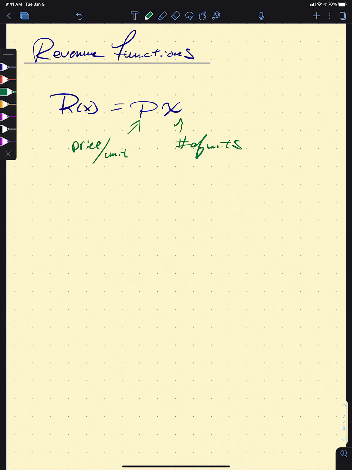But one of the things that we do know is that the unit selling price is based on the quantity demanded. This is how wholesale works. So my price depends on X.